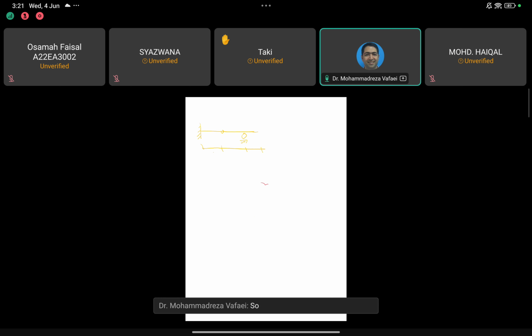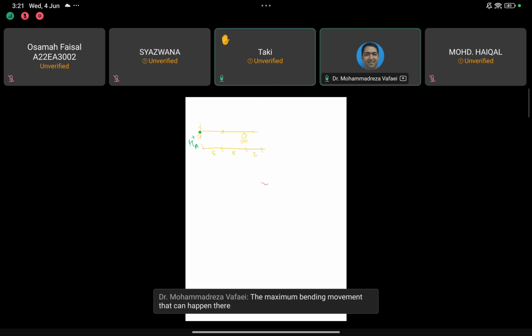So let's say we have 5 meters here, 5 meters here, and 2 meters here, and we are interested to know about MA, the maximum bending moment that can happen there. Still, we don't know if it's going to be positive or negative until we draw the influence line and apply the forces to see if MA is always positive, or whether we can take the negative value.